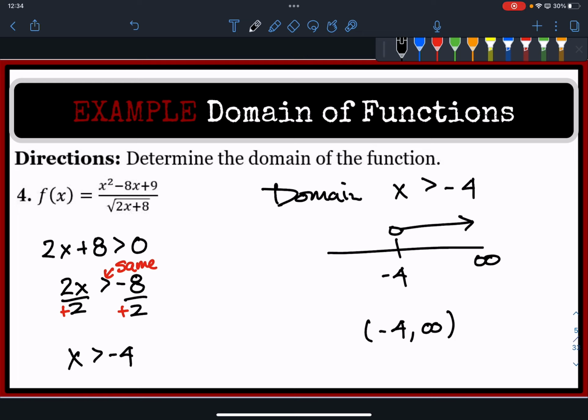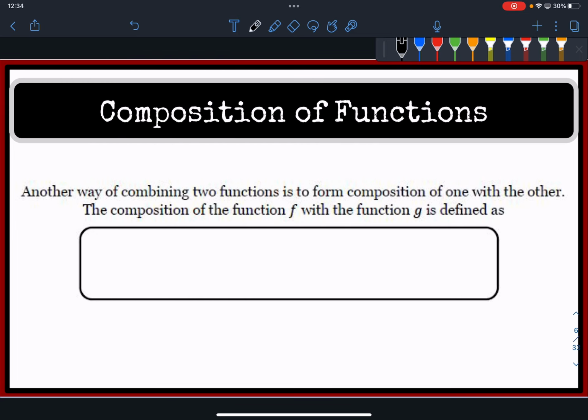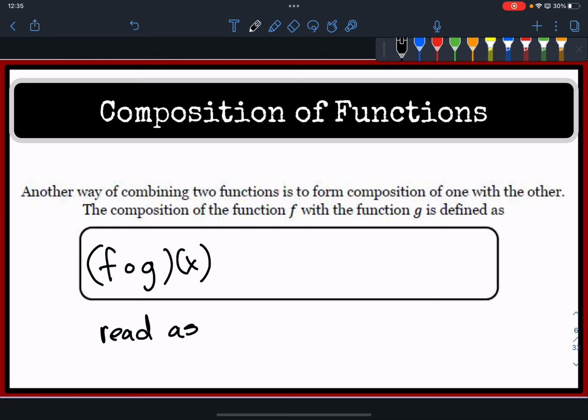Now, let's go into how to compose functions. So that's just a quick review on how to find the domain of functions. Let's go into the composition of functions. Another way of combining two functions is to form the composition of one function with the other. The composition of the function f with the function g is defined as the following. This is the composition, which is read as f of g of x.